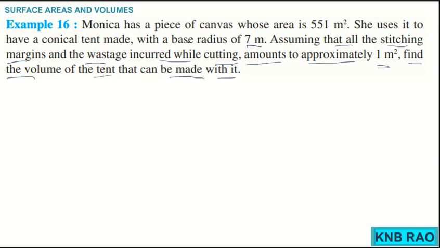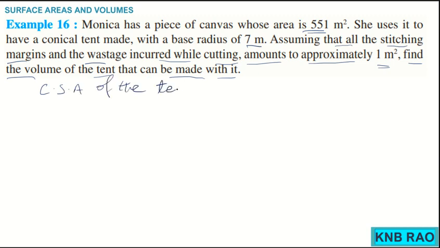See children, here Monica has a piece of canvas whose area is 551 meter square. This is the area of the canvas available and she is using it to make a conical tent. Means the tent should have a CSA, and here the CSA of the tent is known to us one way.